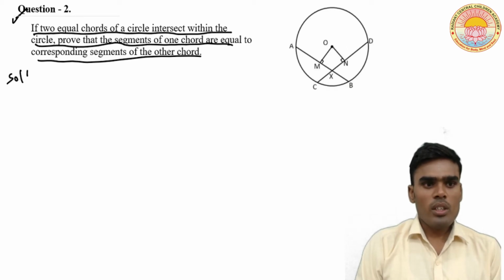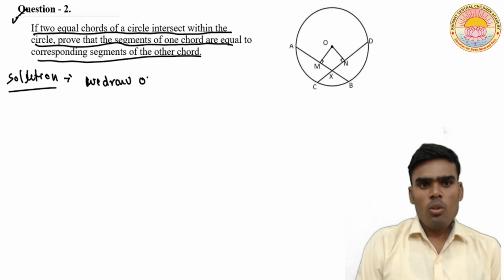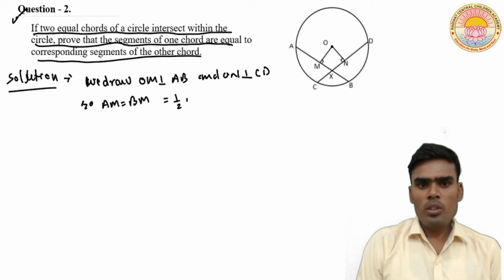So the solution of the question is, we draw OM perpendicular on AB and ON perpendicular on CD. So AM is equal to BM is equal to 1 upon 2 AB, and DN is equal to CN, that is equal to 1 upon 2 CD.